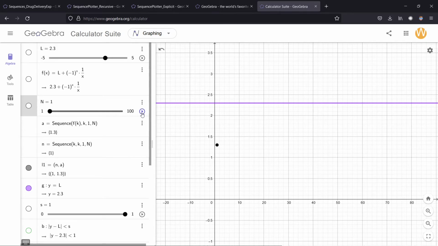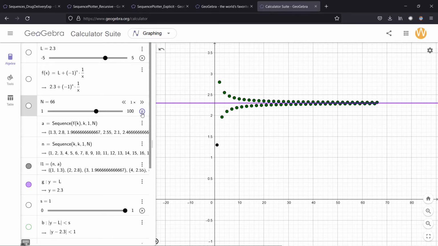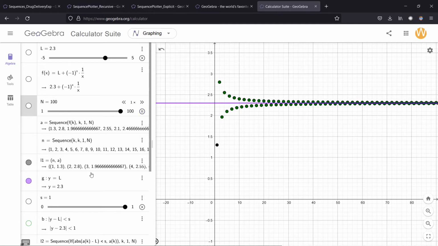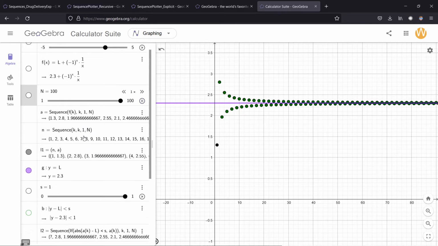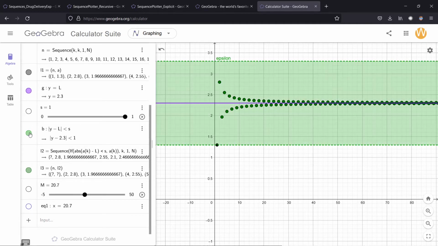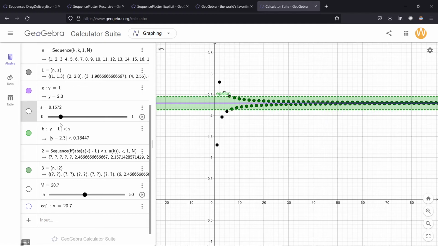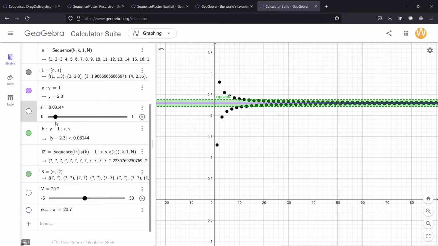So let's take a given example sequence that appears to be converging. Right, it's getting closer and closer to this limit value. What this definition is saying is that for any epsilon, no matter how small I want to make that epsilon, there will always be a point in the domain of the sequence.